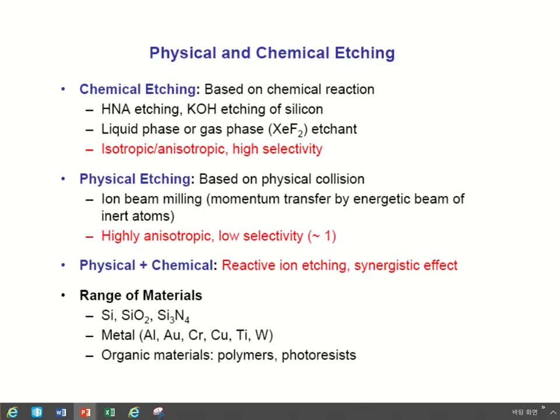Range of material that is possible by the physical or chemical etching is silicon dioxide, silicon nitride. Most of the metal is possible to use, some organic material, some polymer, photoresist, so most of the solid material used in clean room, I mean, that's possible to be etched either by the chemical or physical way.